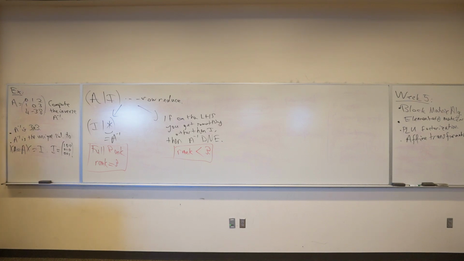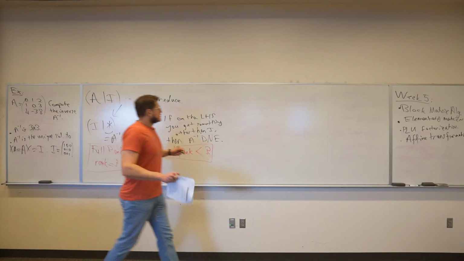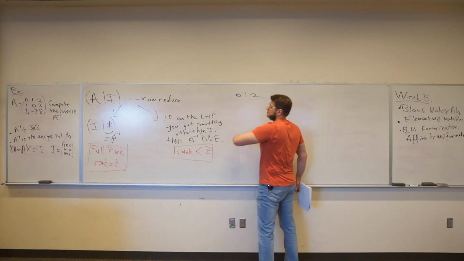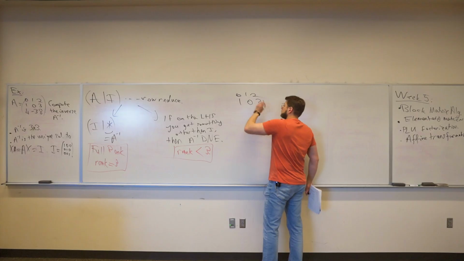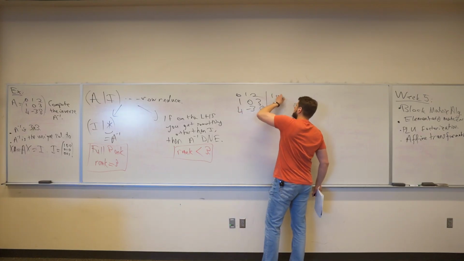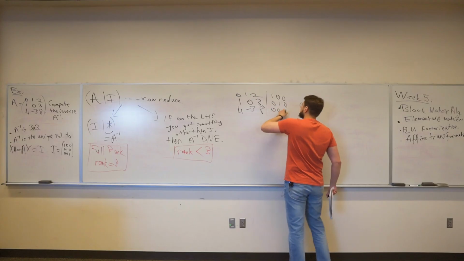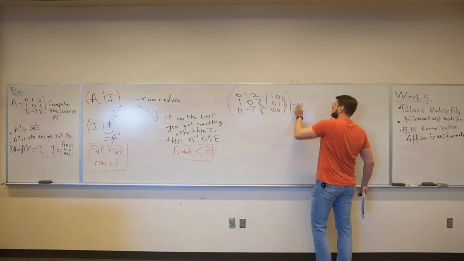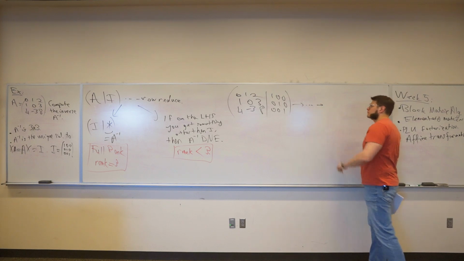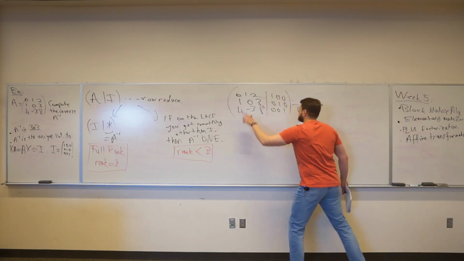Now, I was computing this, and I tried to finish, but I think in the last step I made a mistake. I'm not going to do this again, but ultimately we did this. We start with this, do a bunch of row reduction, so that now on the left-hand side you have identity.